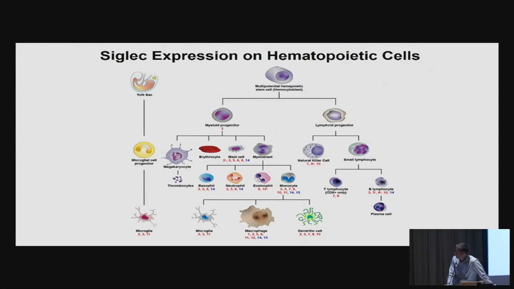These are in reviews, but the thing I want you to take away is that each white blood cell type has a different expression pattern of all the siglecs. From a simple expression pattern of one siglec to mast cells and neutrophils that have 4 or 5 different siglecs. So it's quite complicated with them all being expressed, but that means that there's lots of work to do still.